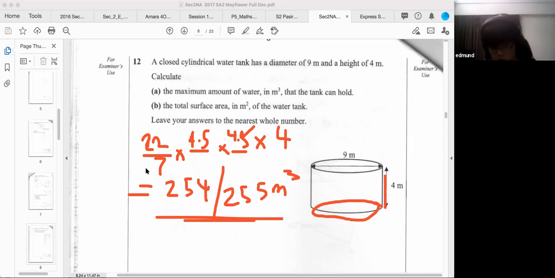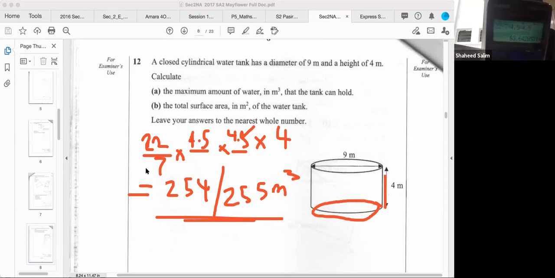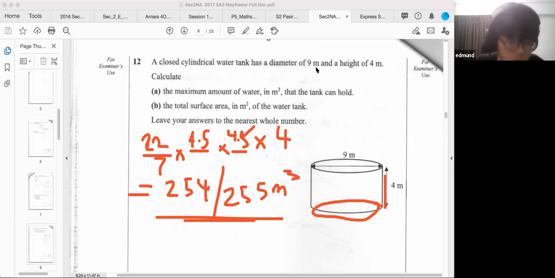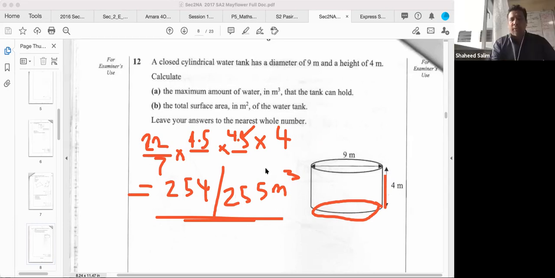I got 63. You times by 9. 9 is diameter, not radius. Oh, okay.